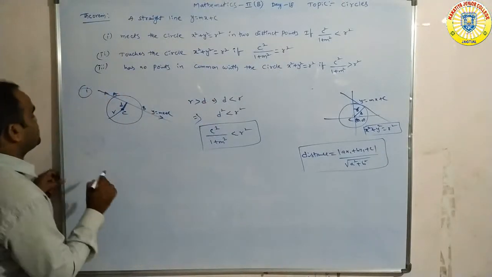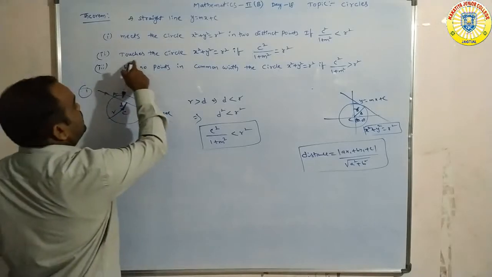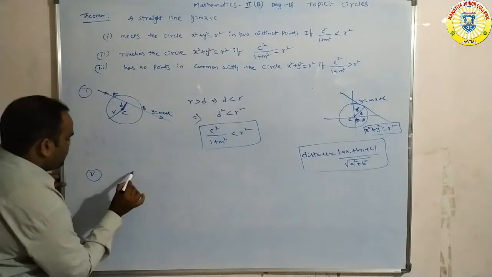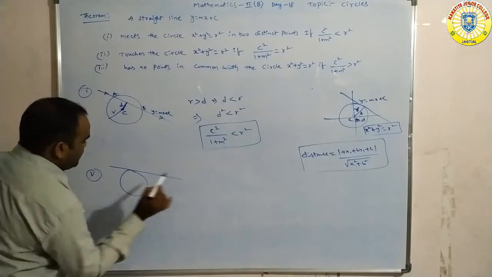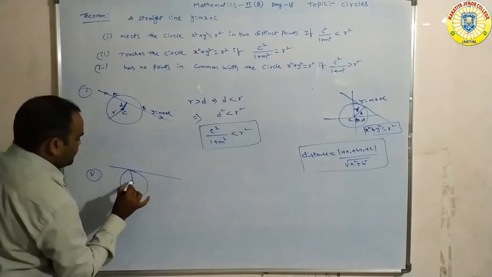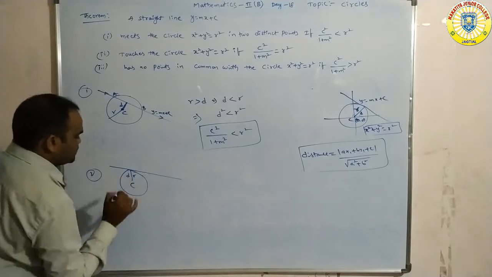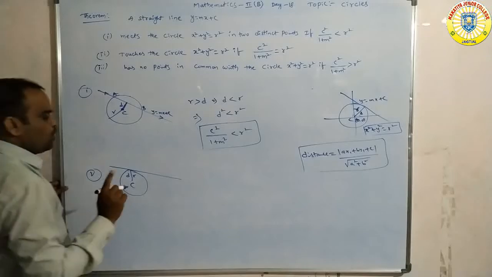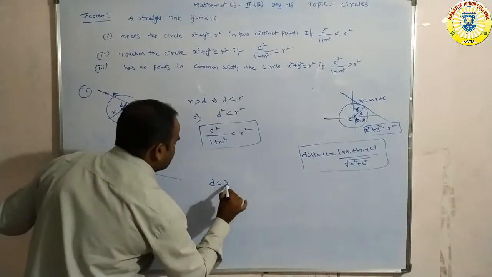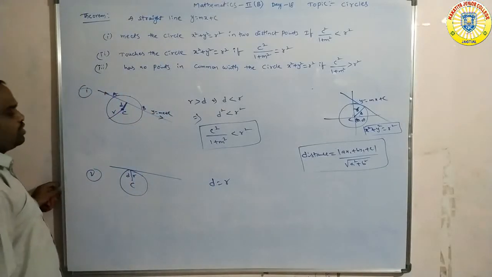What is the next condition? The line touches the circle. In this case the line touches the circle at only one point, so the distance must be equal to r. That's why the line touches the circle at only one point. In that case the condition is D = r.